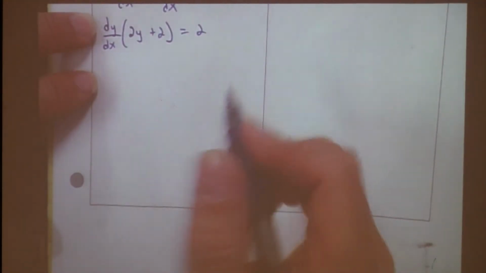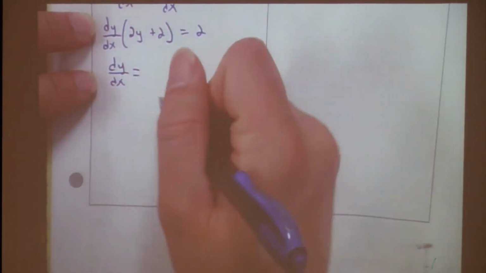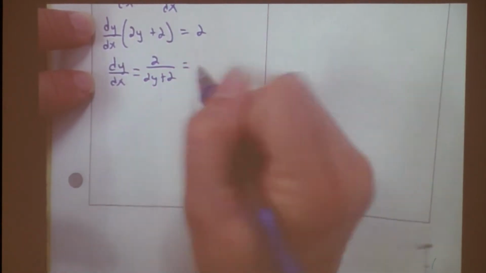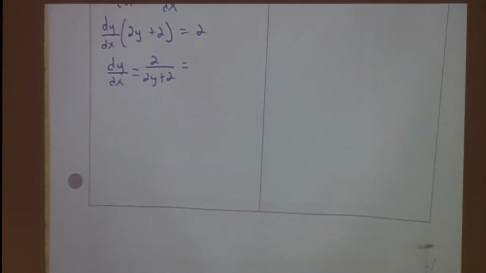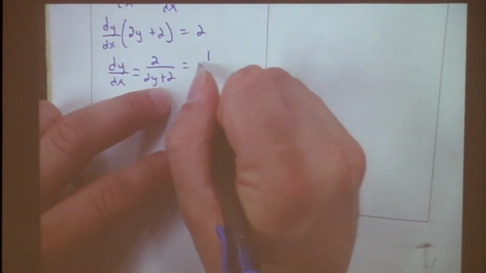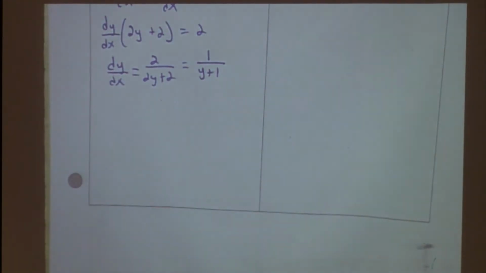So dy/dx is equal to 2 over 2y plus 2. We can factor out a 2 on the bottom, canceling all those 2's and giving me 1 over y plus 1.